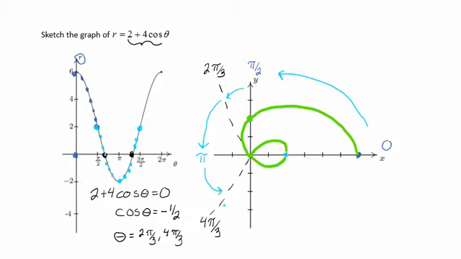And so on our graph, as we rotate from 4 pi over 3 to 3 pi over 2, our radius vectors are going to be getting longer, eventually hitting 2.